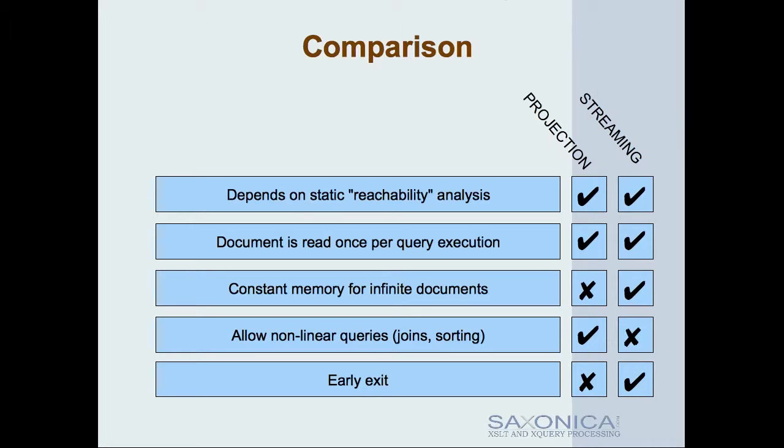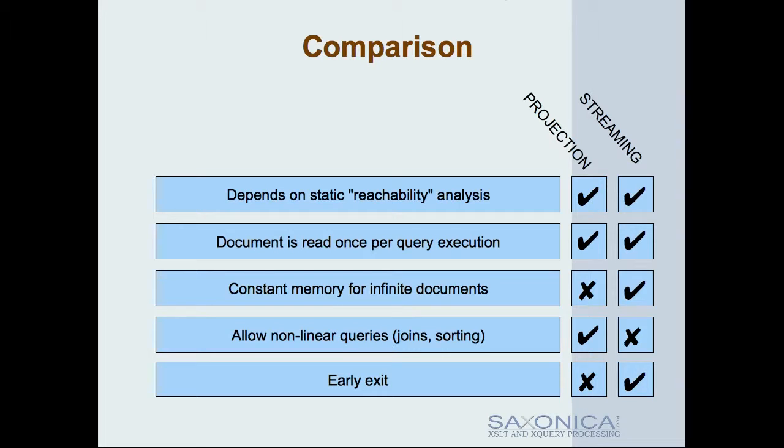That's what's going to vary, not a Boolean yes or no answer. Both of them really rely on this scenario that you're reading the document once for every query execution. So they don't work for the sort of lookup document that you read at the start of the day and then keep using for looking up exchange rates every time you do a transaction for the course of the day. It's not that kind of scenario at all.